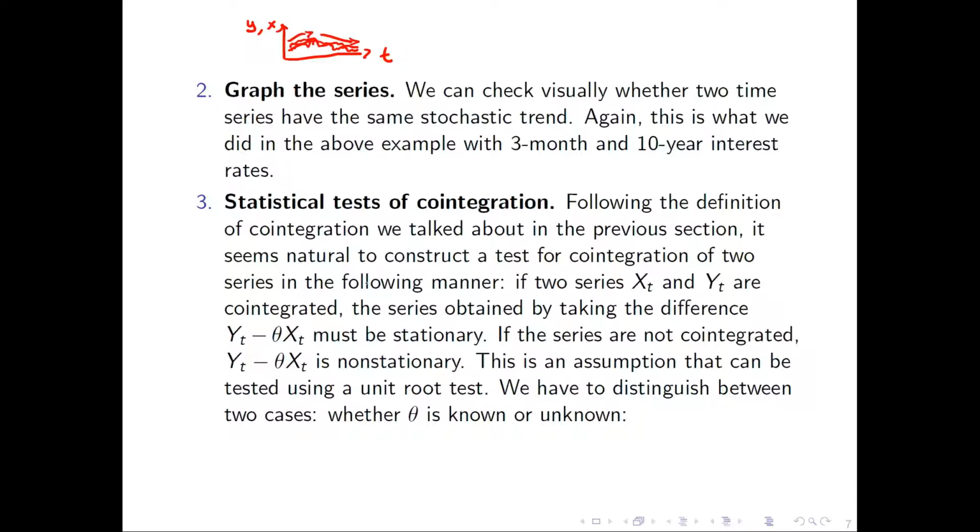You can also perform a statistical test of co-integration.